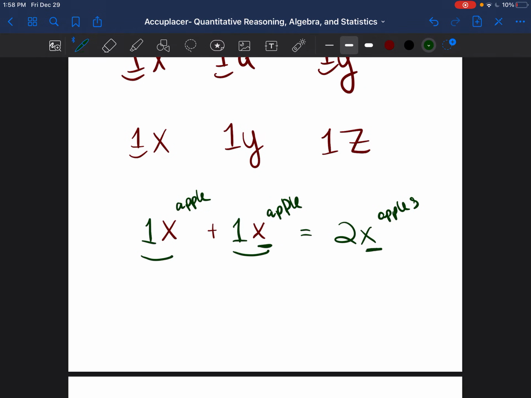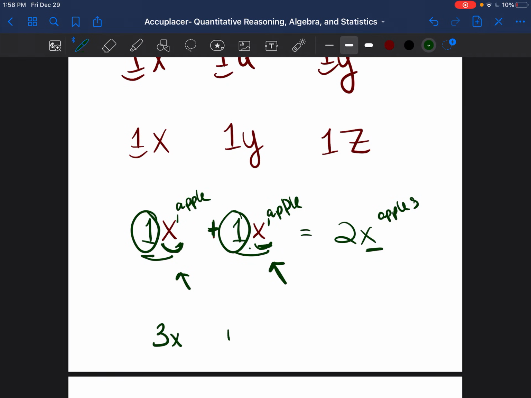The X's stay the same and you just add the coefficients. The reason why everything just stays the same is because we're just adding and because the X's are to the same power, X to the 1. So because they're the same, you just add the coefficients, 1 plus 1, and that equals 2X.